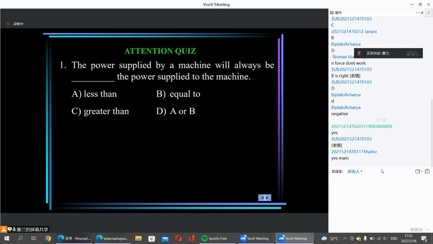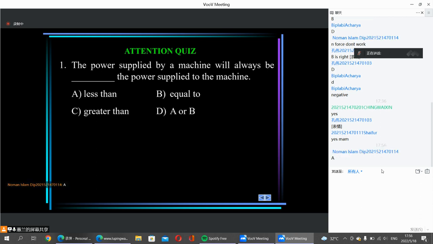So, the power supplied by a machine will always be less than, equal to, greater than, or A or B. Which one? It's very simple. The power supplied by a machine will always be less than the power supplied to the machine.